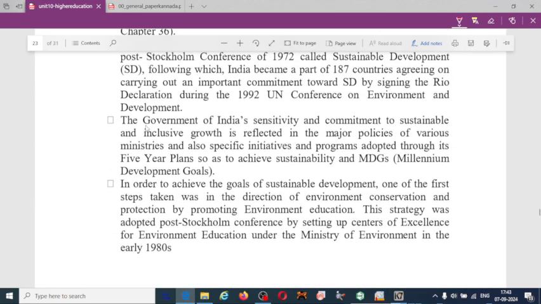So, the government of India and inclusive growth is reflected in major policies of various ministries, and all specific initiative programs are adopted through the 5-year plan so as to achieve sustainability.